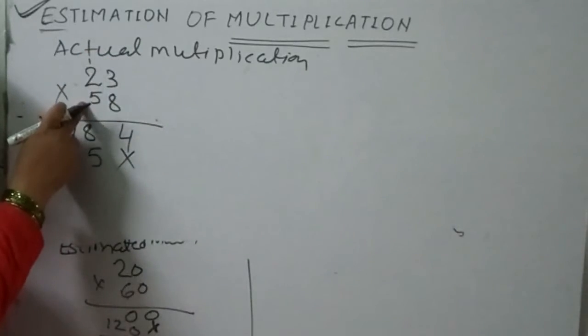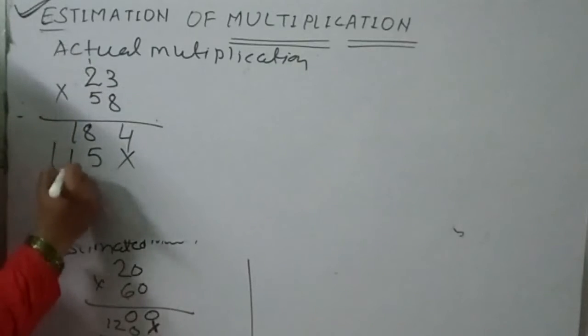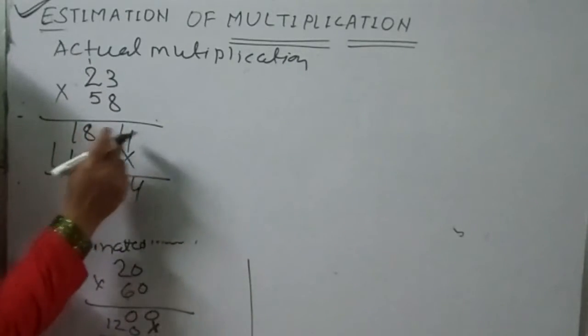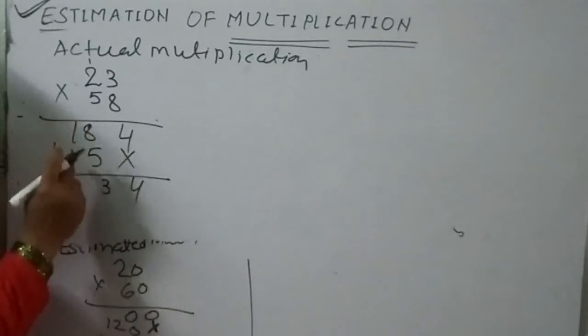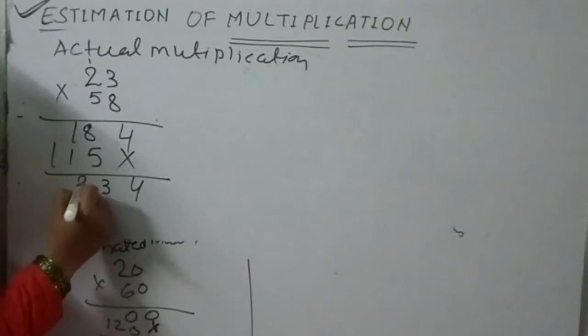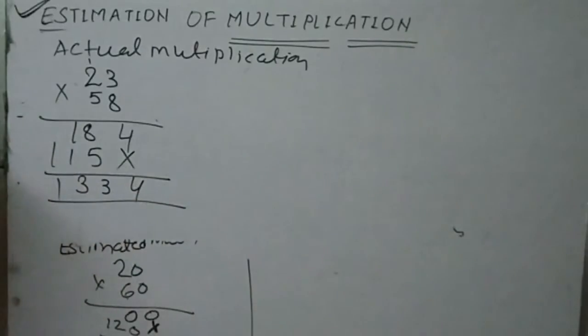Read the table of 5, how many times? 2 times. 5 twos are 10 plus 1 is 11. Then add the numbers: 4, 8, 5 is 13, write 3 and 1 is carry. 1 plus 1 plus 1 will be 3, and then 1. Okay, that is your actual multiplication, and this one is the estimated multiplication.